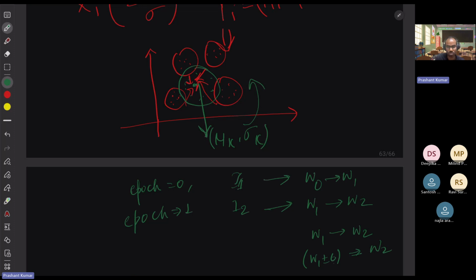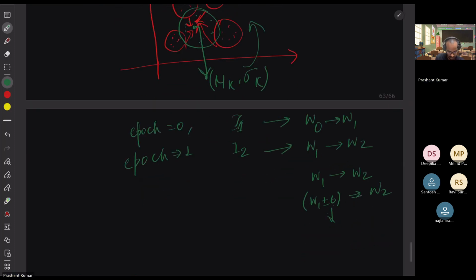And this epsilon should be very small. Or you can say that the distribution of W1 should be equal to the distribution of W2. This is what we want.